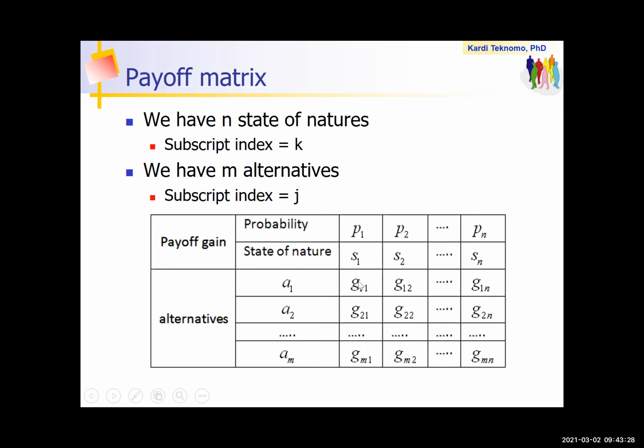For each alternative and each state of nature, you have G11, G12, and so on until Gmn. This is given. The same with the probability for each state of nature: you have P1 until Pn. Here, the subscript index is k for the state of nature and j for the alternative.